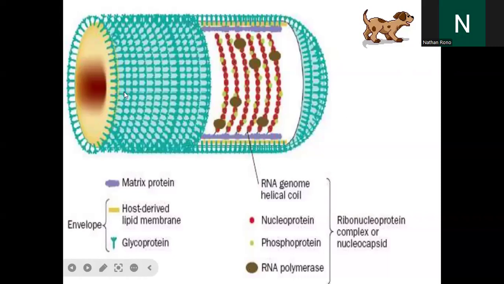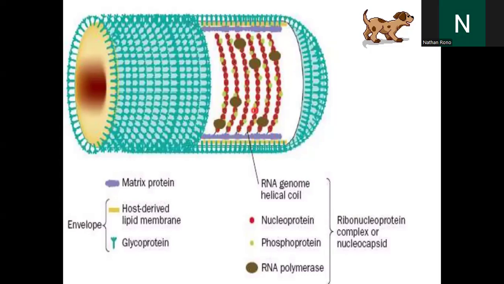If you were to label it, you can see the matrix protein. Let me show you. Can you see this? This is the matrix protein. Then we have the RNA genome, helical coil. These are the RNA polymerase.